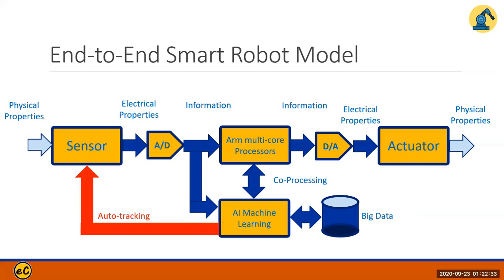And then you make adjustments, you do auto tracking or feedback, or you control your actuator. With that, we call it a smart robot model. So basically, you add a learning model and use the past information to train it, and then use that to control your robot to make more intelligent decisions.